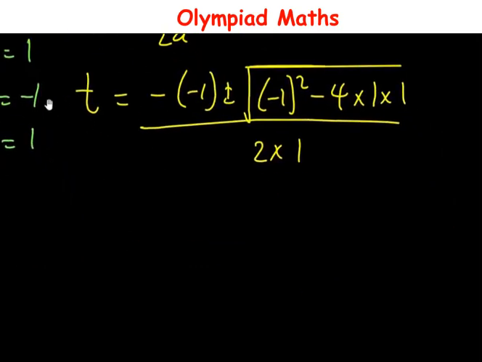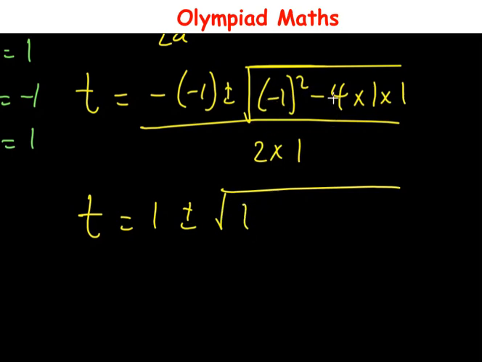So from here, the value of t is equal to minus times minus 1 is plus 1, plus or minus square root, minus 1 squared is 1, then minus 4 times 1, minus 4, all over 2 times 1 is 2.